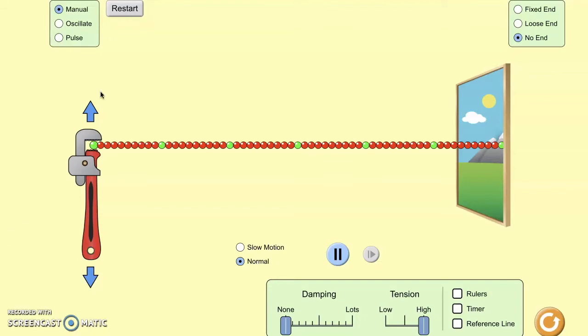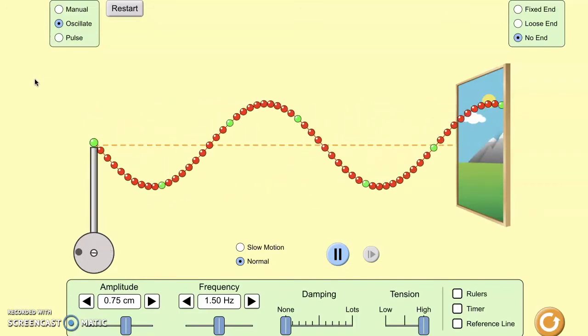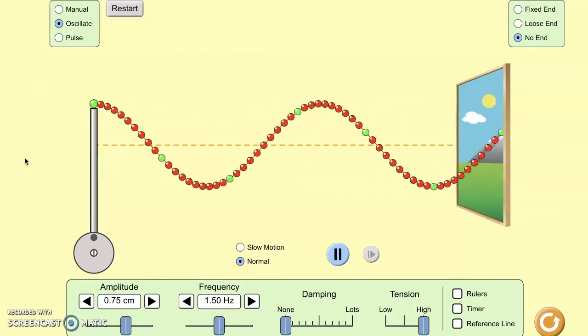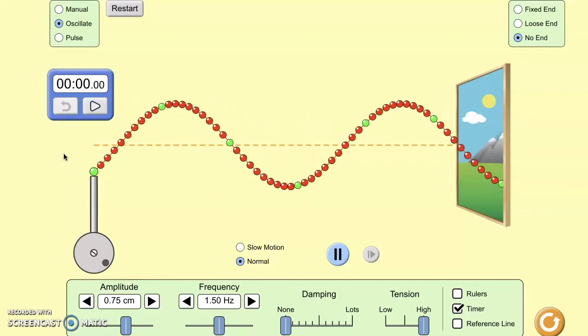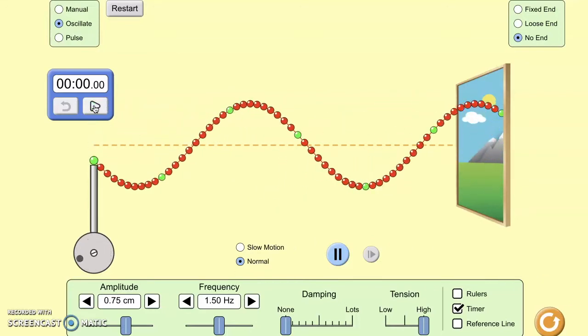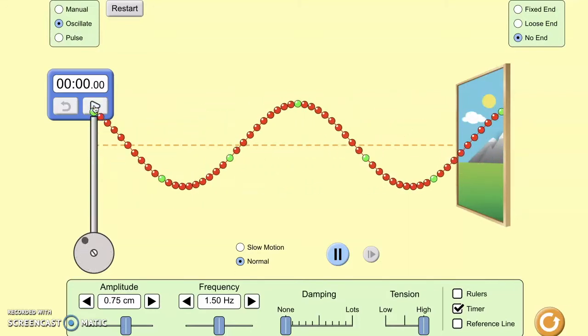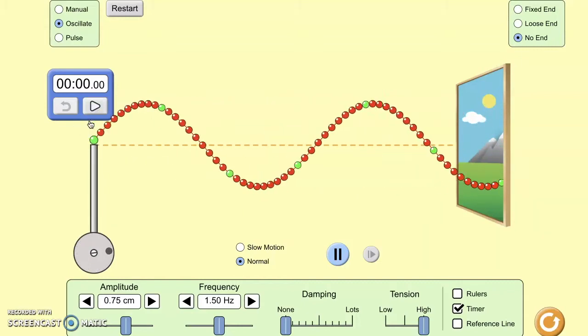This is how period of a wave would be measured. So let's make this thing oscillate. It's creating waves at a certain frequency. Now we're going to take a timer, and I'm going to try and time this thing to see how long it takes for a single wave to be created. Okay, and so notice this green dot here.